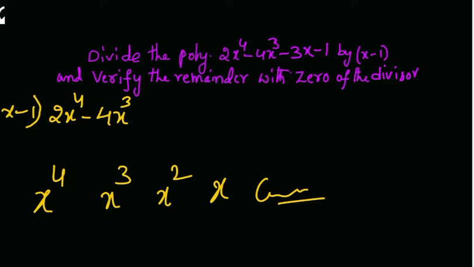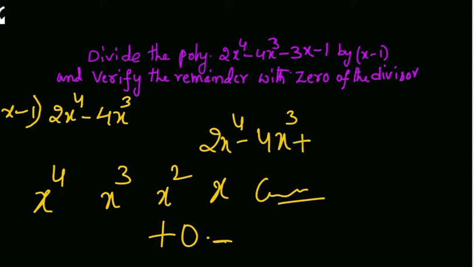If no term is there, then you have to write that term as 0 times that term. For example, here 2x power 4 is there, minus 4x cube, and the x square term is not there, so you have to write 0 into x square, minus 3x minus 1.